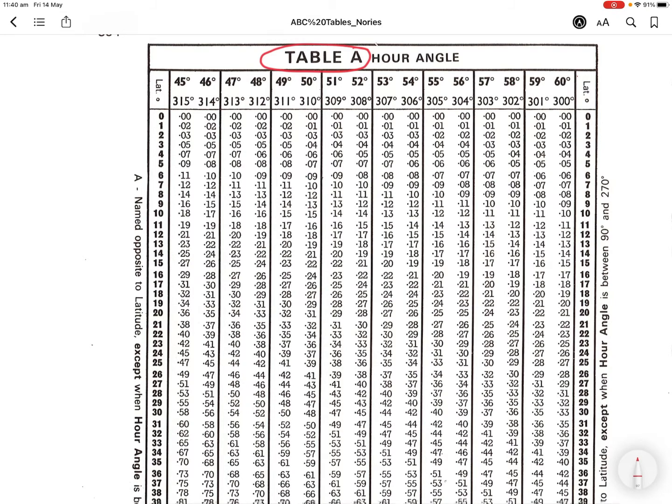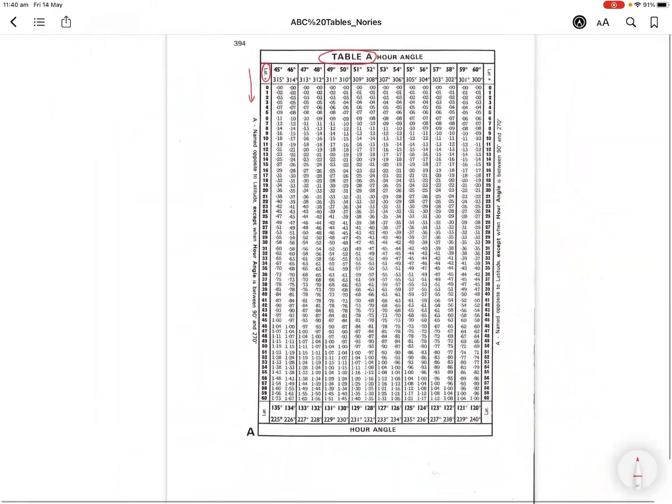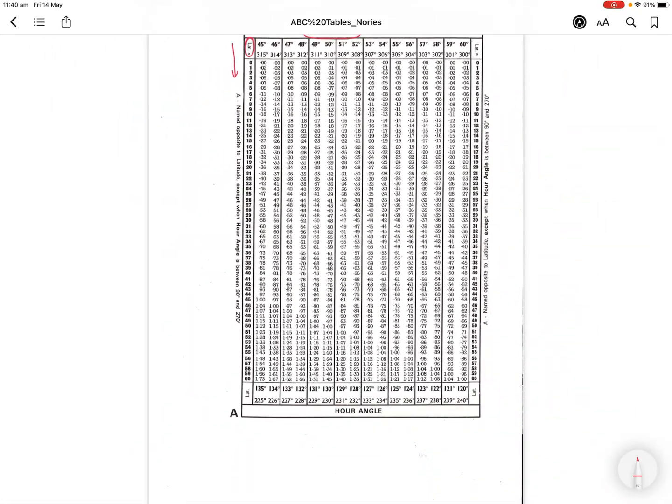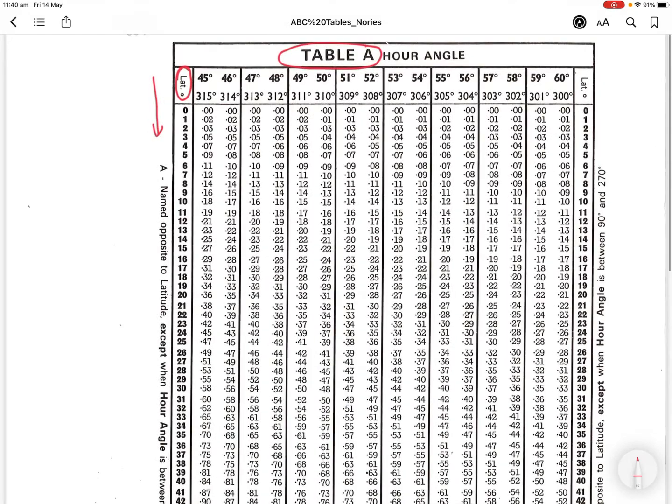Now how do we find that out? You have to see that this vertical column here is the latitude. All right, and I'll zoom out now, and you can see, although it says here as well, the horizontal column is R angle. So going this way, we have the LHA values, the R angle values, and going down, we have the latitude values.